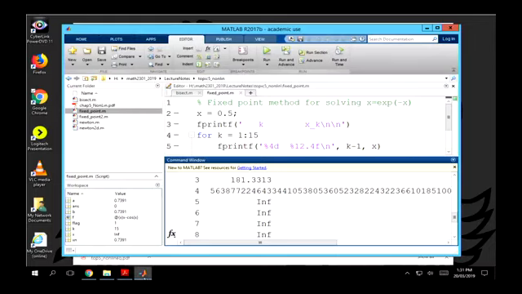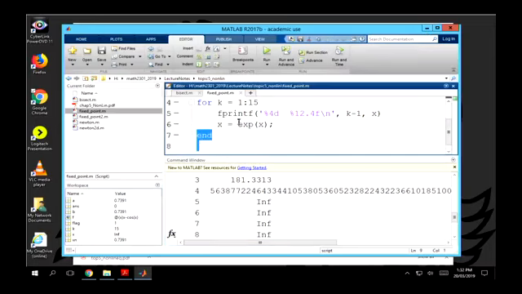So what is going on here? The fixed point iteration, sometimes it works, sometimes it just blows up. That's the main issue with this method. It's not like bisection. With bisection, by the intermediate value theorem, you always find a solution. But in this case, if you change the equation, then it blows up.